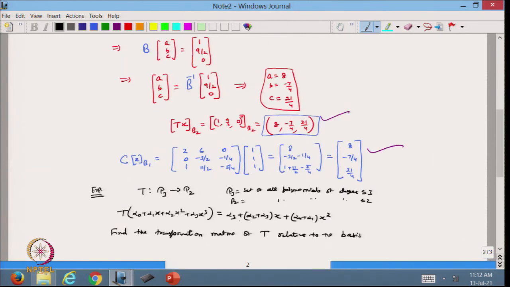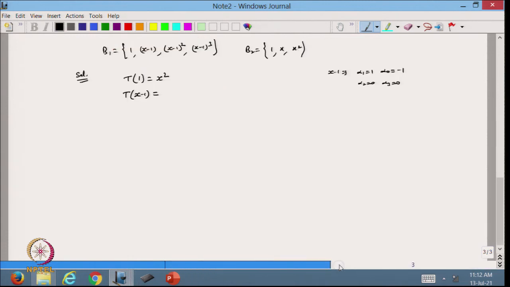So, this all will be 0, only 1 minus 1, so that will be 0. So, it will be 0 in this case.